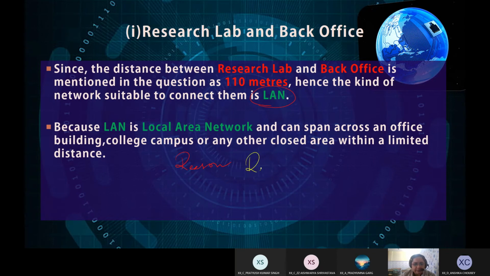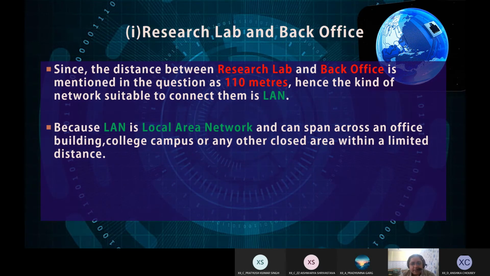Don't just write the answer in the exam, because then you will get only half marks, since this question is of 1 mark. Half a mark is for the answer, and half a mark is for the reason you give. So always give the reason along with your answer.